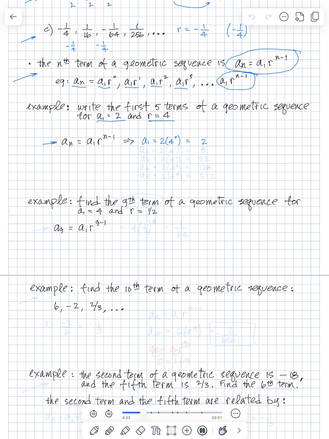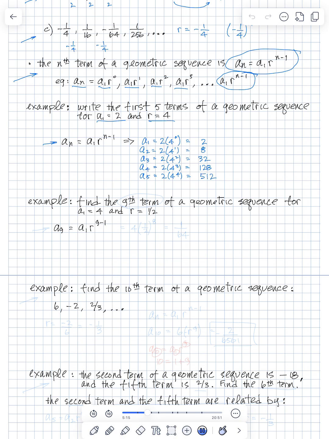That's equal to 2. a2 equals 2 times 4 to the 1, which is 8. a3 is 2 times 4 squared, which is 32. a4 is 2 times 4 cubed, which is 128. And a5 is equal to 2 times 4 to the 4th, and that's equal to 512.